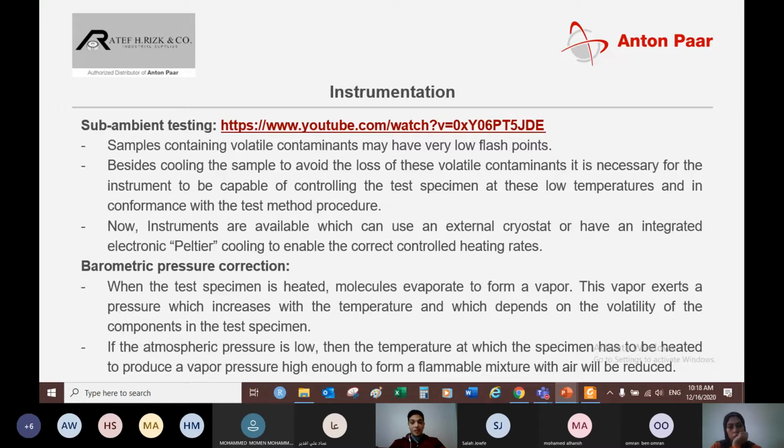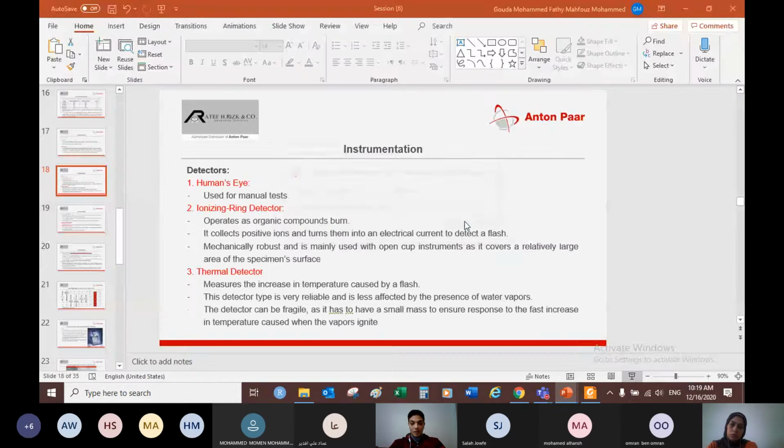This is an electric device that cools and heats with a really fast rate of temperature change, and it keeps higher control of temperature when compared to circulators. And this link shows you how the Peltier element is a really advanced method of controlling the temperature nowadays.